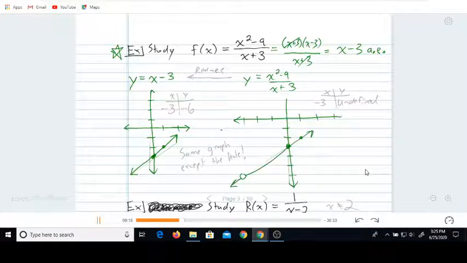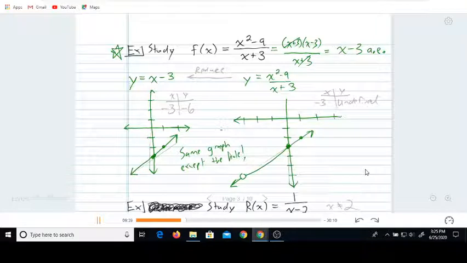Now these are exactly the same graph, except the hole. That's the only difference. They're the same exact graph except for the hole. That's why we say those two functions are equal AE, or equal almost everywhere. They're equal everywhere except at that hole.